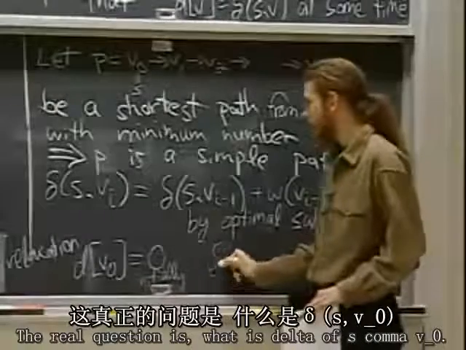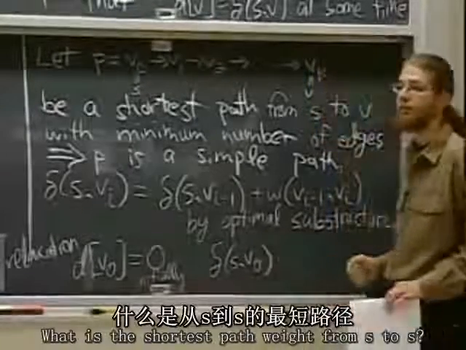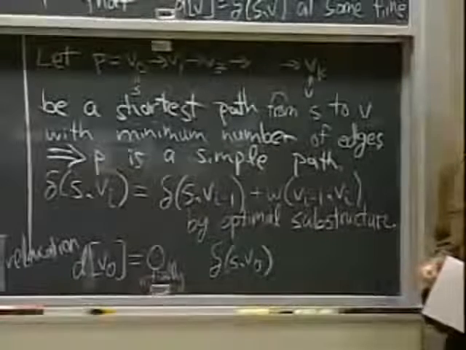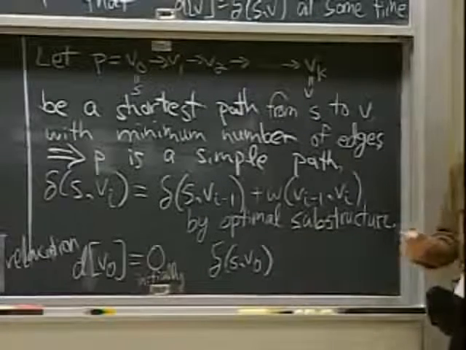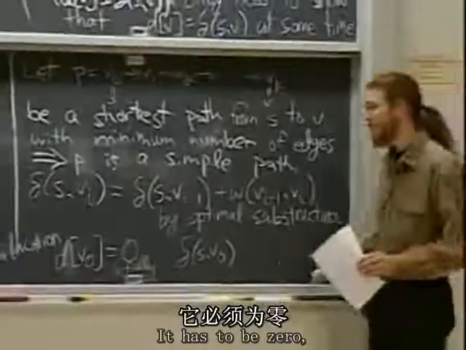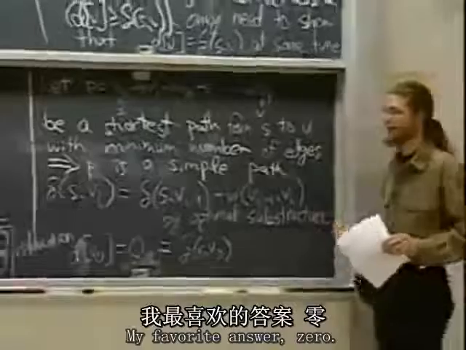The real question is, what is delta of s comma v0? What is the shortest path from s to s? It has to be 0, otherwise you have a negative weight cycle. Exactly. Okay, my favorite answer, 0.